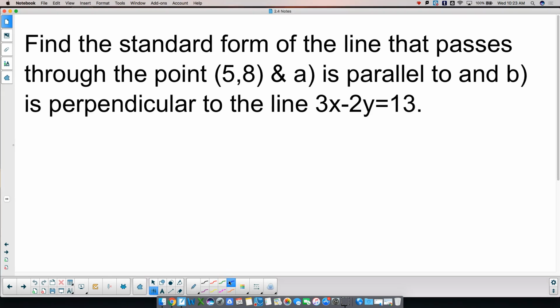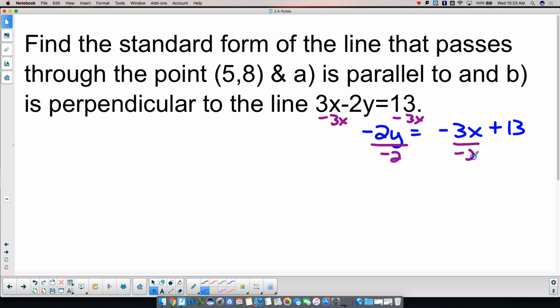Alright, so I'm going to say that this is then negative 2y equals negative 3x plus 13. Agree? Subtract 3x from both sides. Then I'm going to divide everything by negative 2.